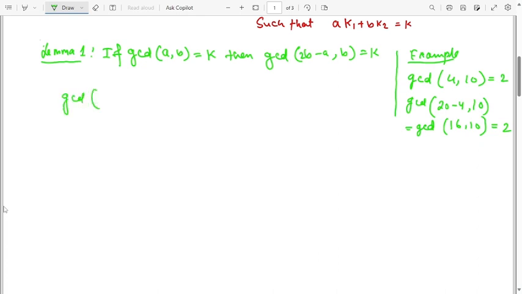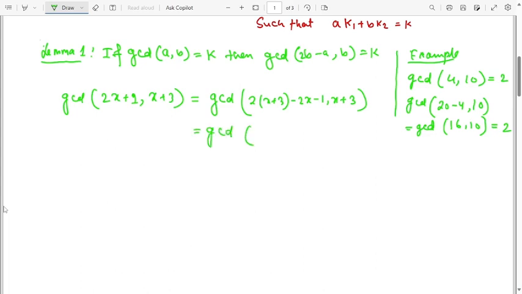We have GCD of 2x plus 1 comma x plus 3. By using lemma 1 we can write this as GCD of 2 times (x plus 3) minus (2x plus 1), comma x plus 3, which gives us GCD of 5 comma x plus 3, since the 2x terms cancel out.